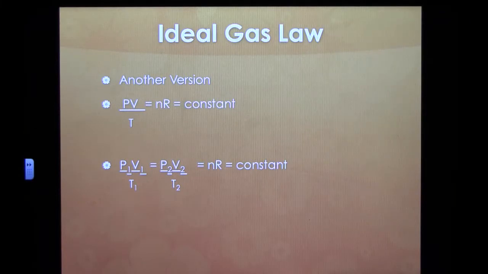If PV over T is constant, then we can set it equal to another PV over T for a different state. So we see that P1 V1 over T1, that's one state, is equal to P2 V2 over T2. That's the second state. Because nR is a constant, and because PV over T is constant.